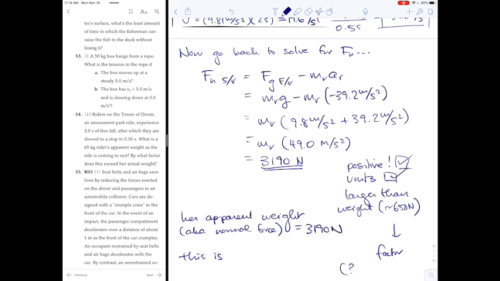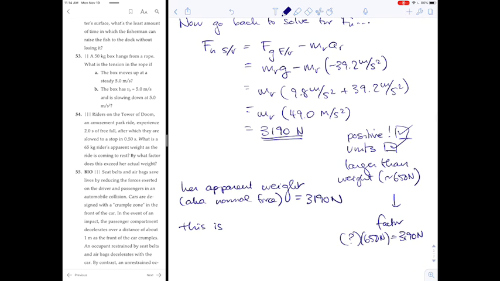What times her weight equals the normal force? So the factor is the normal force divided by her weight, which is divided by 65 times 9.8. So that's a factor of 5.